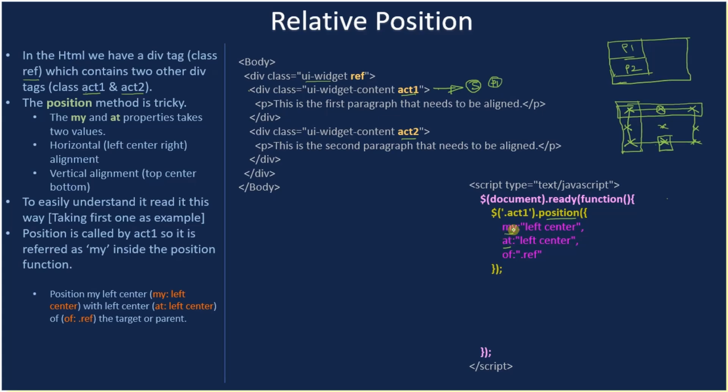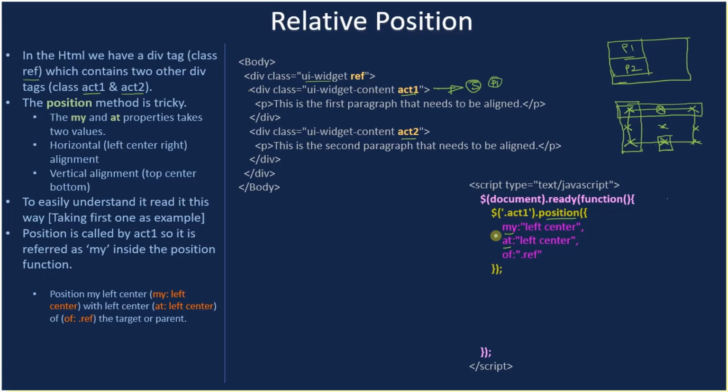So when we talk about my, this my is referring to act1, because act1 is calling the position utility. Inside, when we refer to my, act1 is telling the position my left center to left center of the reference.